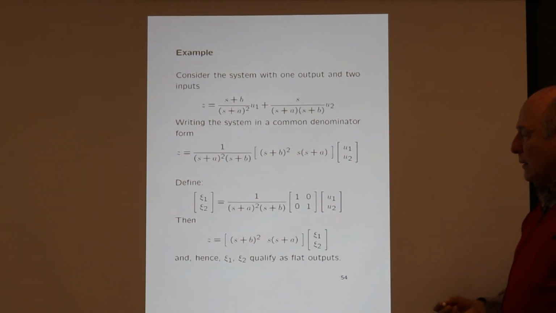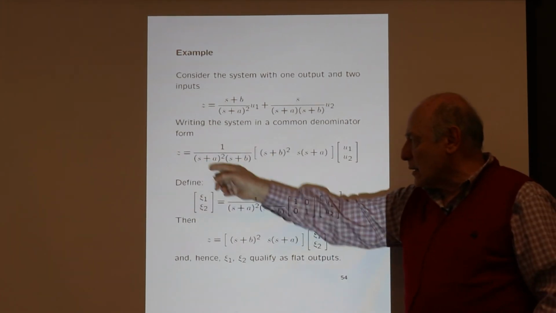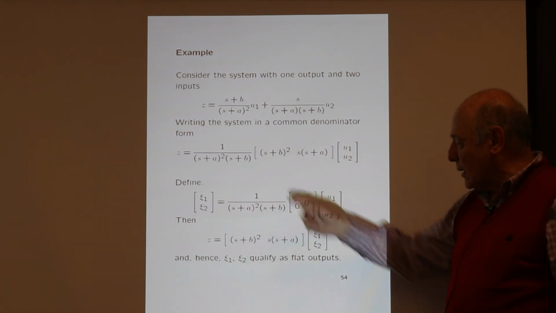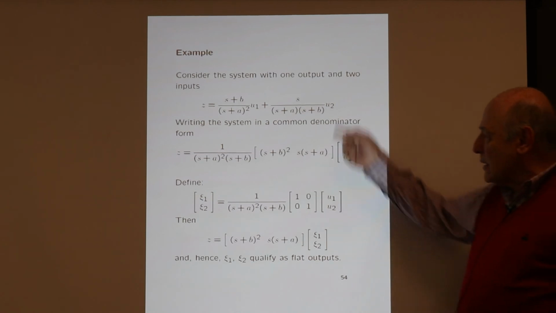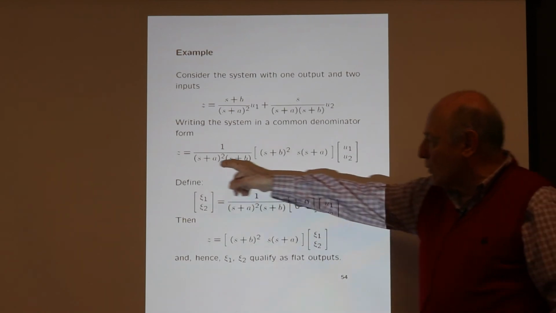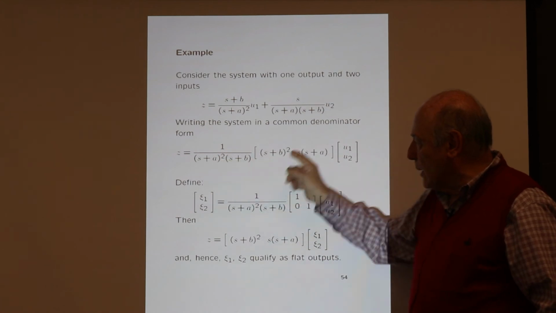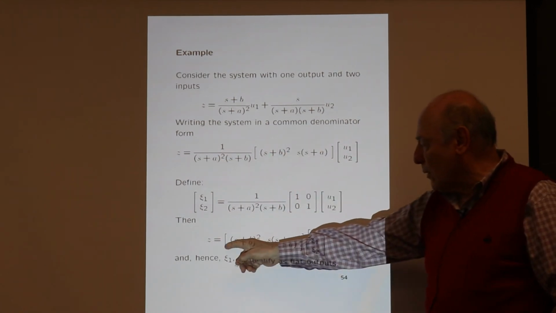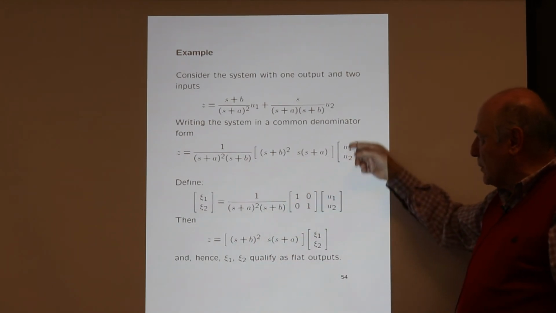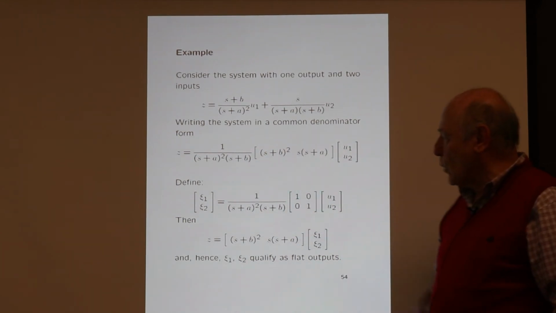But if you define C1 and C2 as a pseudo-state, which somehow takes advantage of this possibility and lets the inputs go through a single channel, then C will be able to be represented in terms of that C, because this factor is there and this factor is there. So C will take this form, this times this, and C will have two inputs and you will produce two outputs.